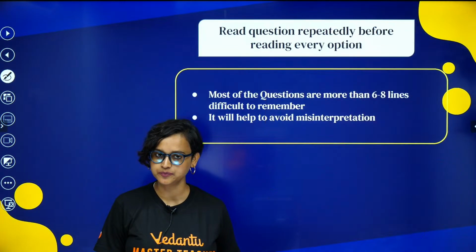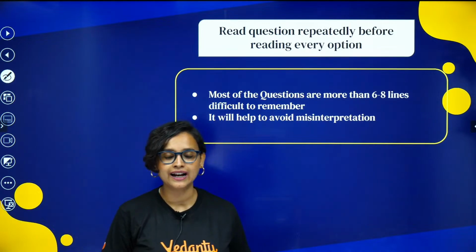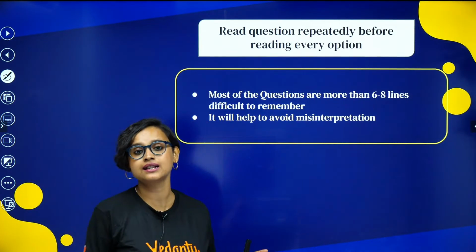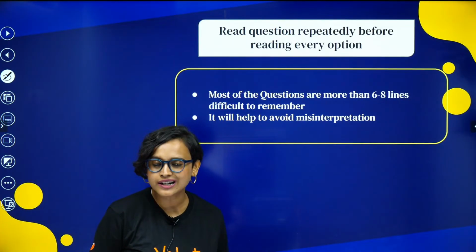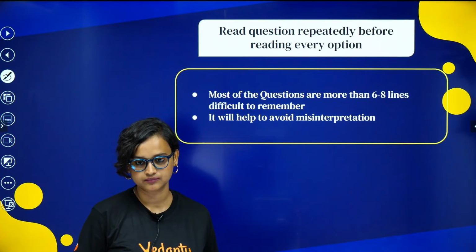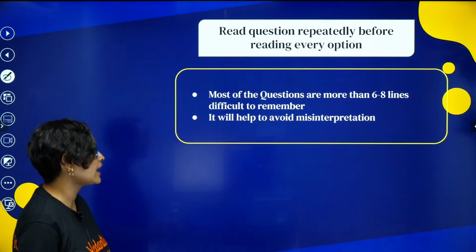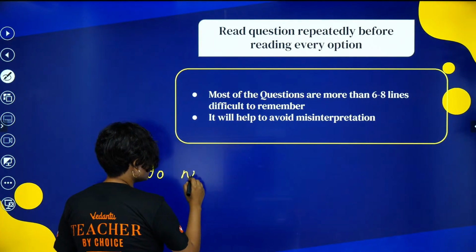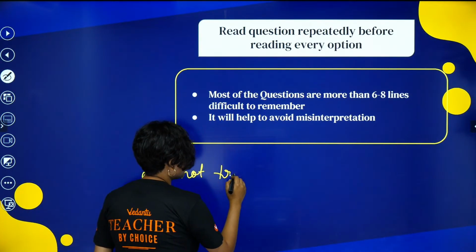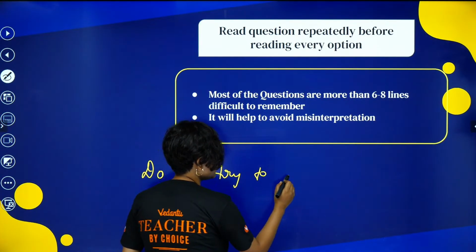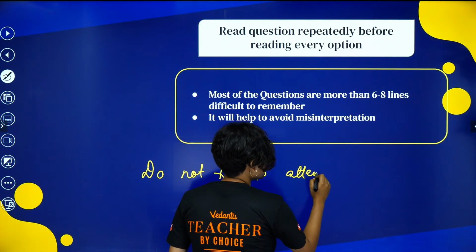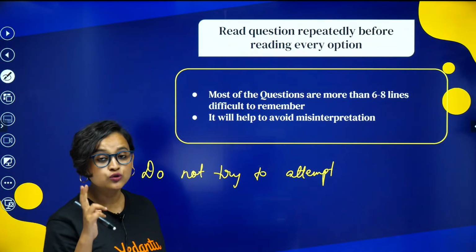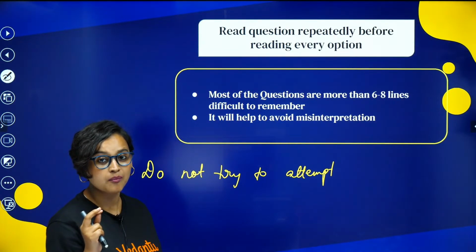Understood? Now, apart from that, one more thing is, in the multiple correct answer type questions, don't try to attempt each and every question. I'm going to write it down here. Do not try to attempt all the questions. There are certain questions that if you do not know, you're going to lose -2 marks, bacha.